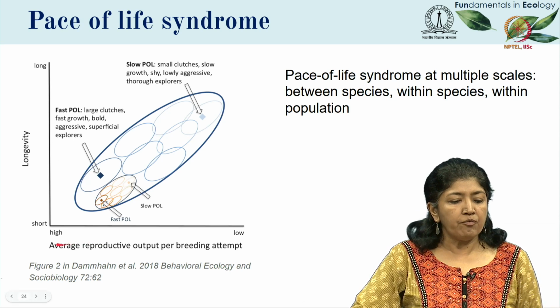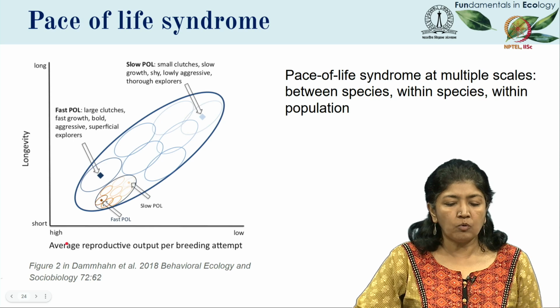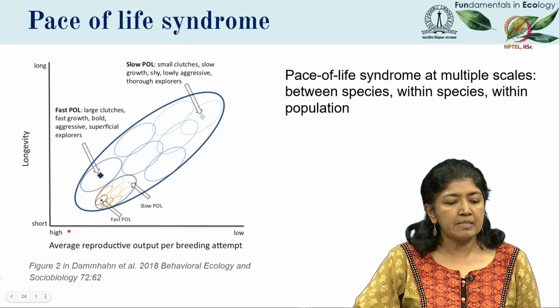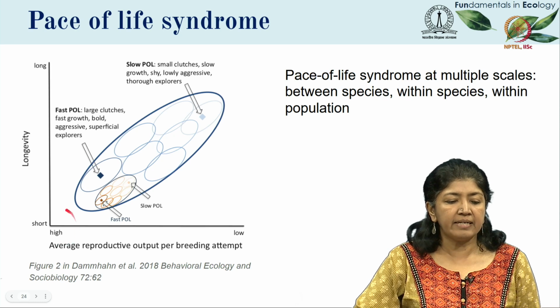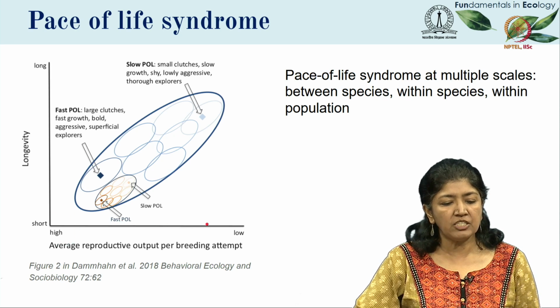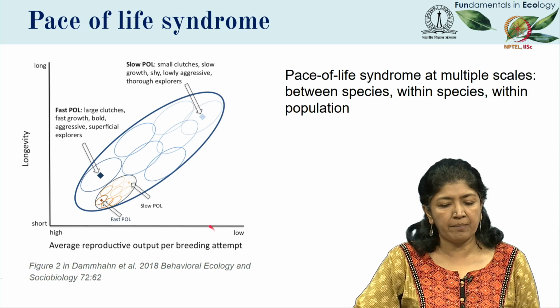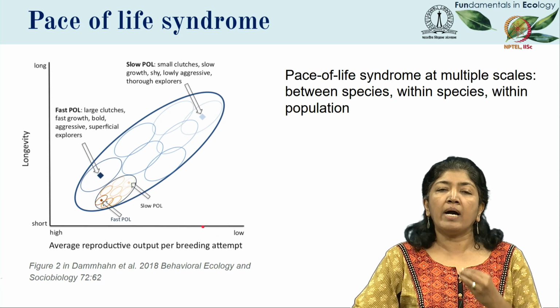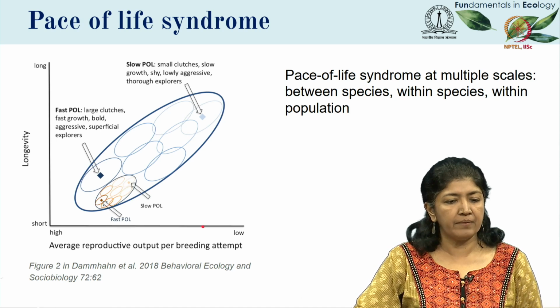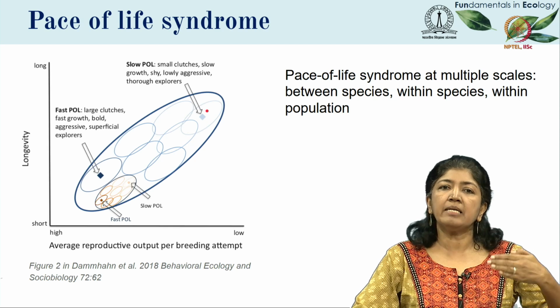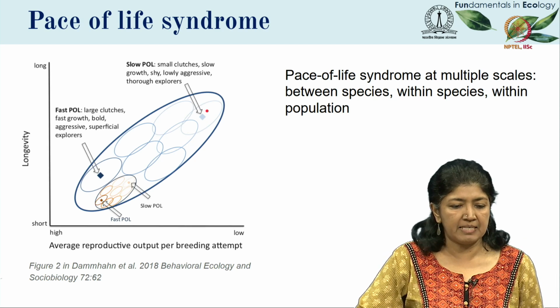So, if we look at the average reproductive output per breeding event on the x axis and lifespan on the y axis, we can get species that produce a lot of young and die early versus species that produce only a few young in every breeding attempt. So, say one offspring per breeding attempt, but live for a long time and then have multiple such breeding attempts.